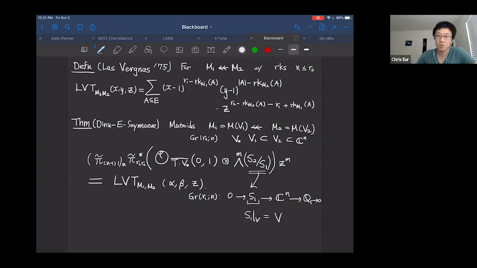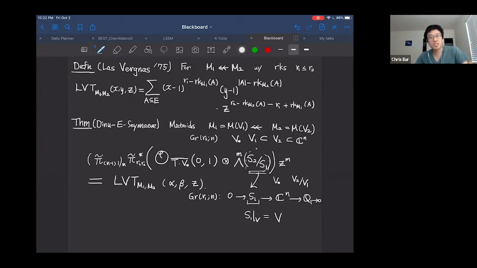Same thing for S2, and I look at the quotient of those two. In other words, this is a vector bundle on the partial flag variety, where over the point V dot, the fiber is V2 quotient by V1. So that's the vector bundle over that.